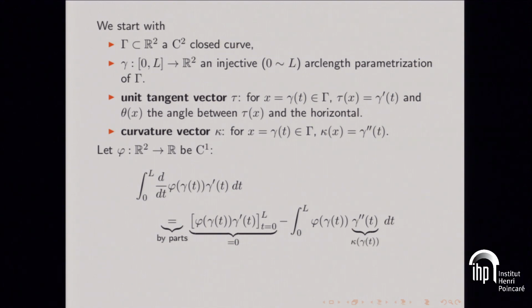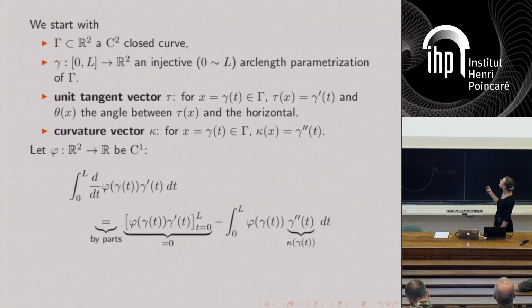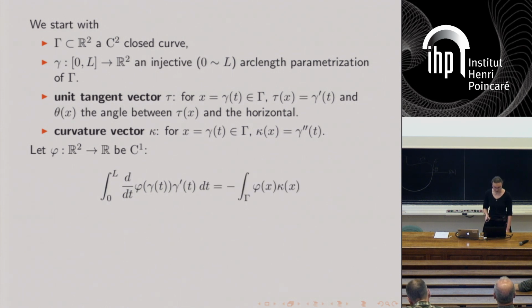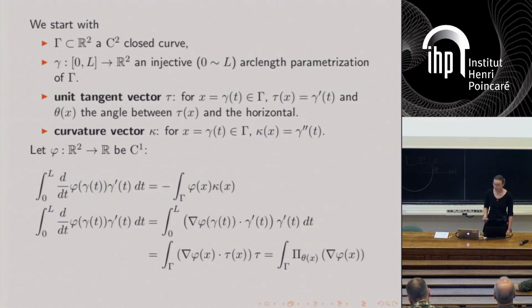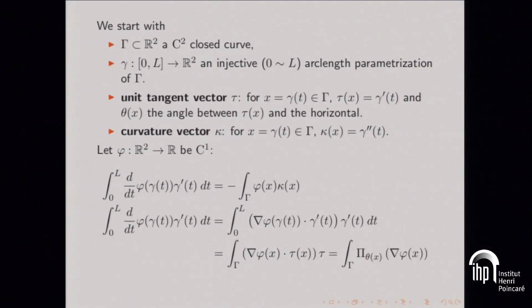Now let's do some simple integration by parts on this curve. So take a C1 smooth function and compute this integral. The boundary term is 0, and here you see that the curvature appears. And now if you compute this quantity in another way, then you'll see the projection of the gradient of phi onto the tangential direction.